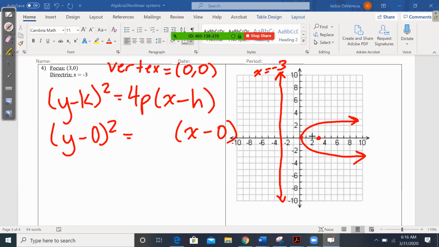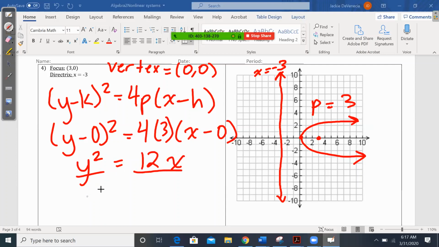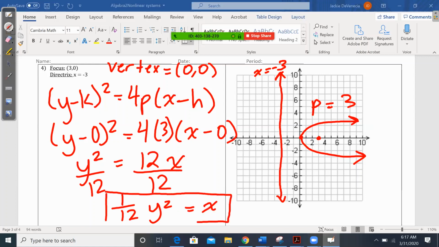And I just need to count the number of spaces to find p. So it's like 1, 2, 3. Your p is 3. 4 times 3. And we can just go ahead and simplify it. We simplified it. Now we're isolating it. Okay, and that's our equation.